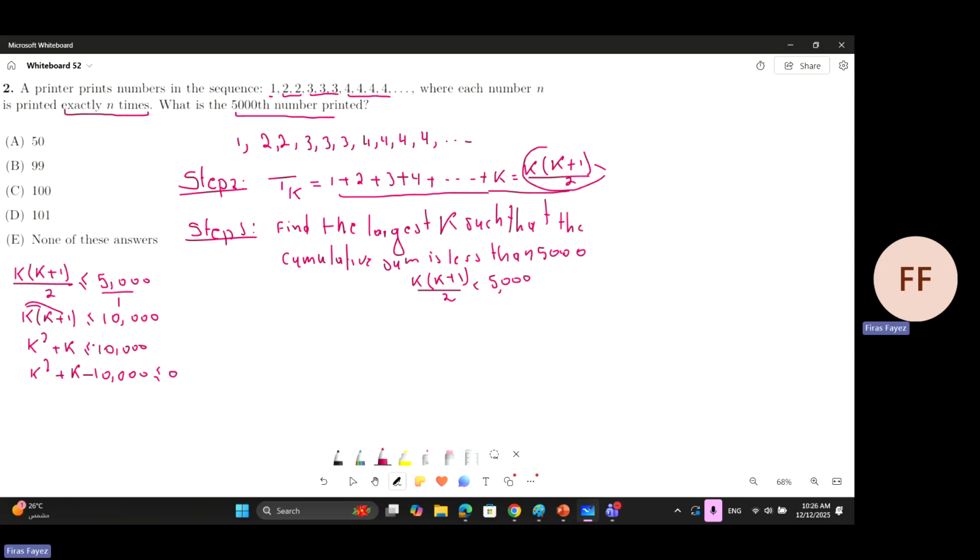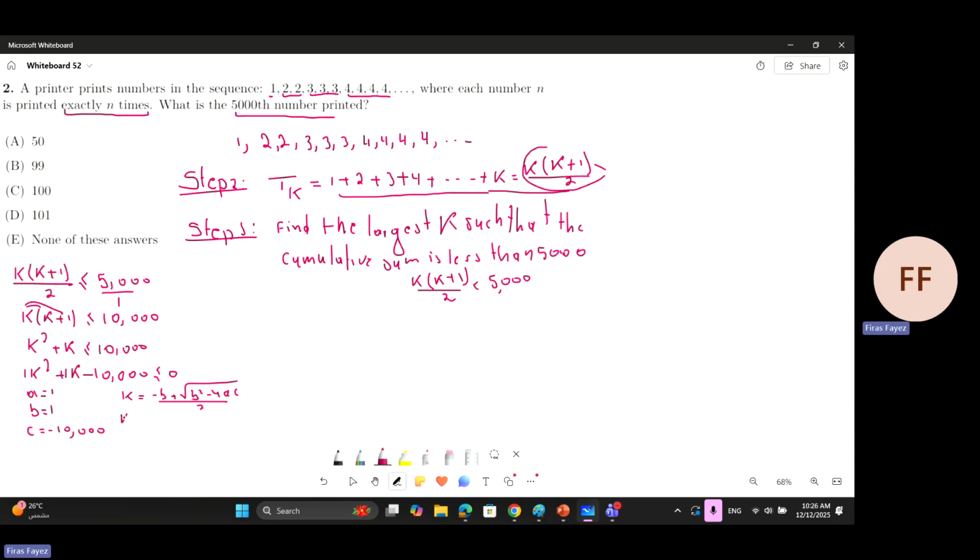Using the quadratic formula for an approximation, in this case a equals 1, b equals 1, and c represents minus 10,000. Now k equals negative b plus the radical of b squared minus 4ac, over 2a.